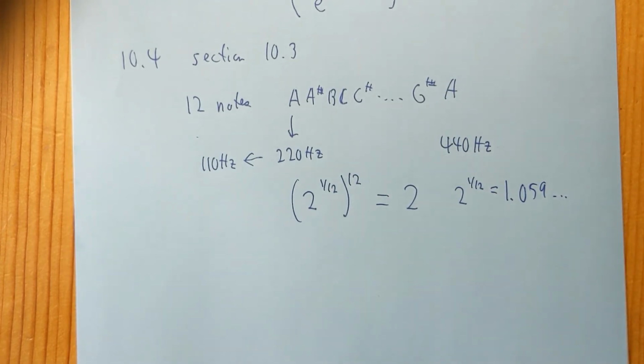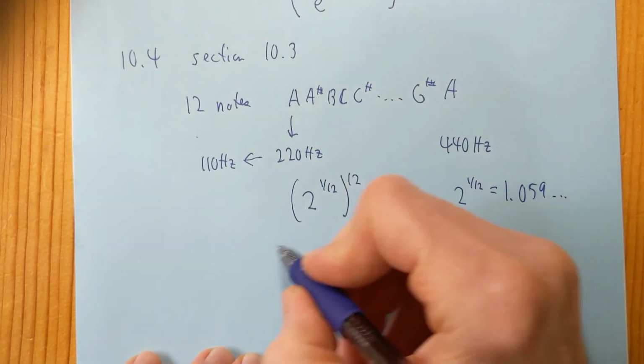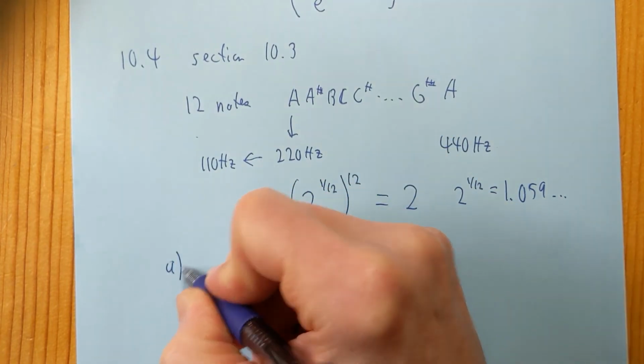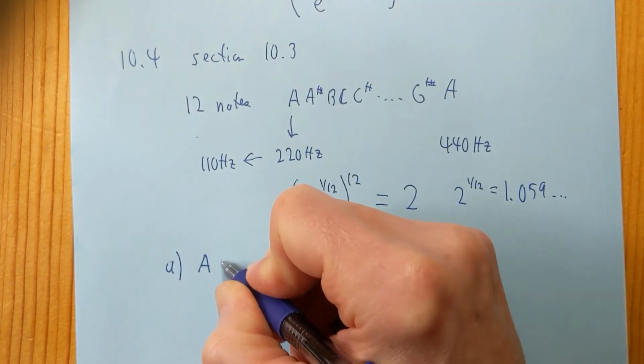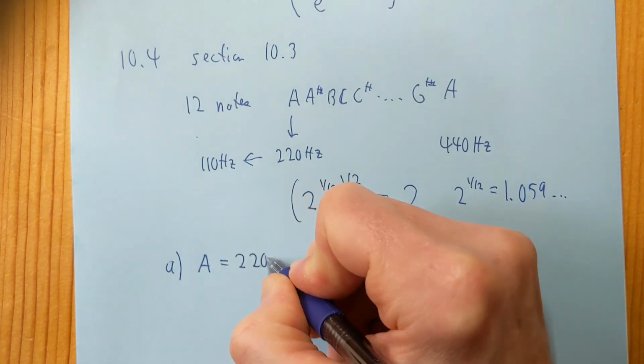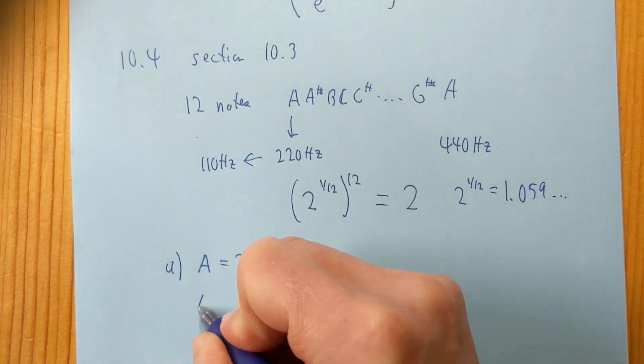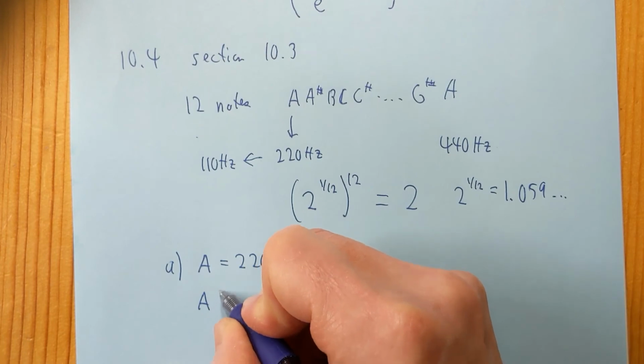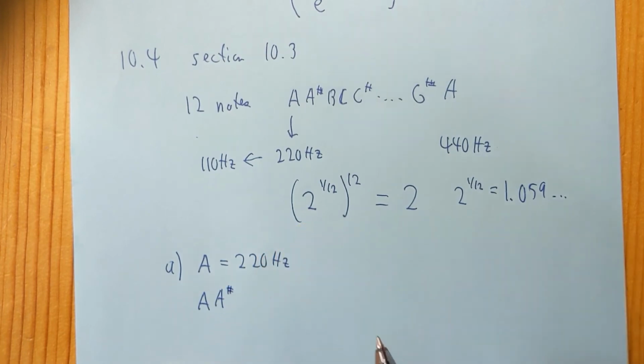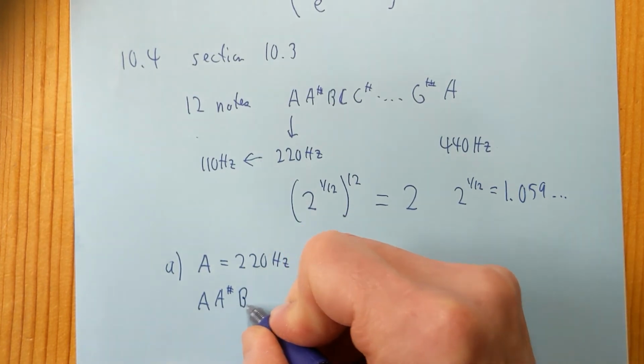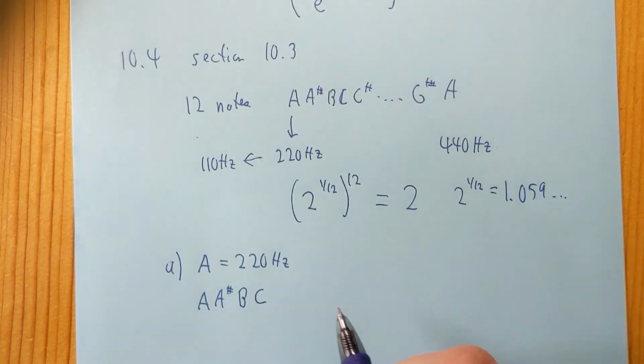So it says find the frequency of middle C. For part A, if the middle A is 220 hertz, and then it goes A, then A sharp, and there's a picture in section 10.3, which you'll need to look at, and then B, and then C, well, looks like we had to multiply it 3 times.